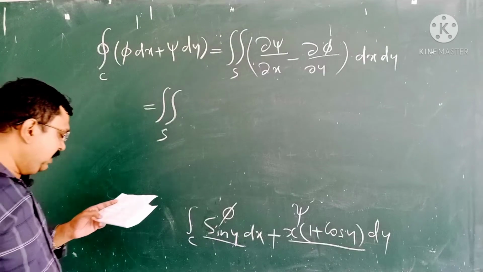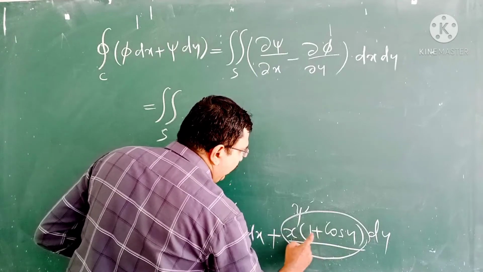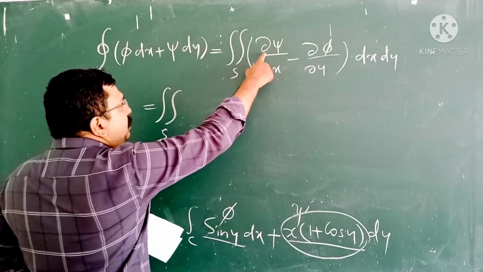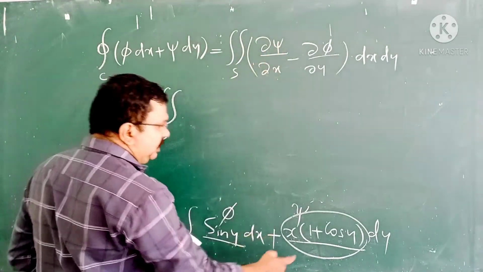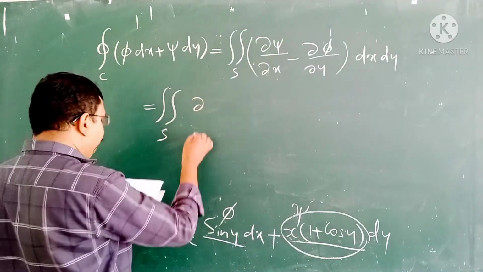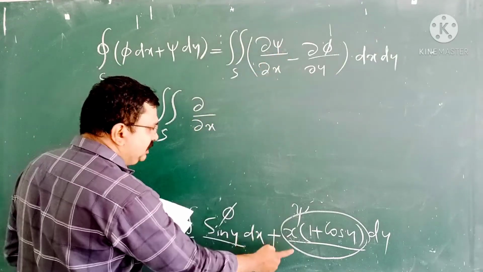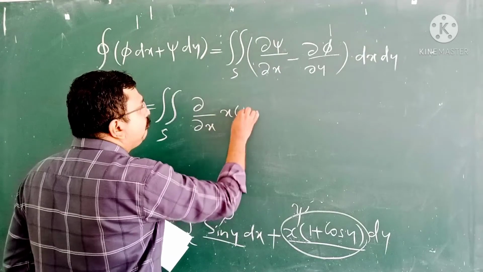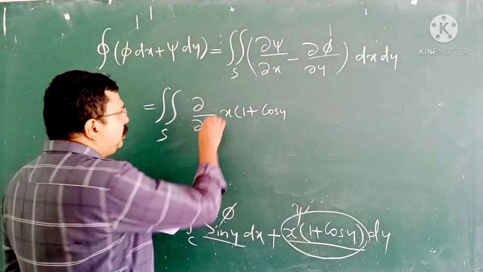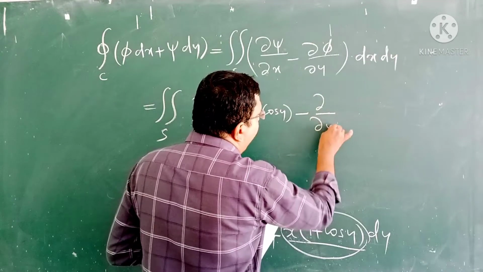What is our psi? Psi is x into (1 plus cos y). First we find dou psi by dou x. Here psi is x into (1 plus cos y), therefore dou by dou x of x into (1 plus cos y), minus dou by dou y of phi.